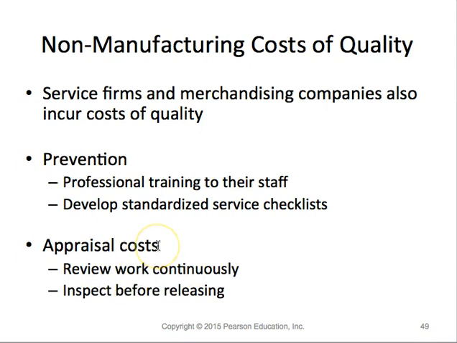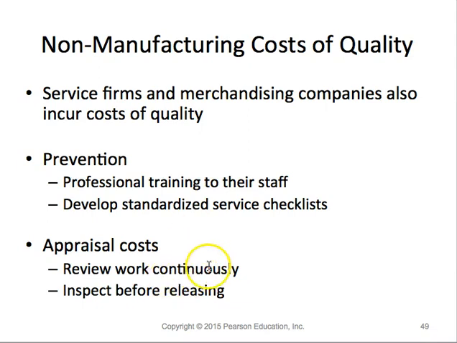For example, an accounting firm that prepares tax returns: the people who provide such services should be trained accordingly, and they need to have some checklists to review their jobs before they provide the final tax return to the customer.